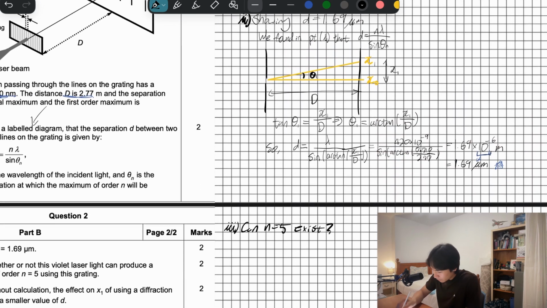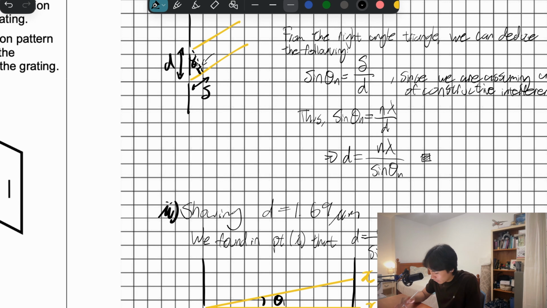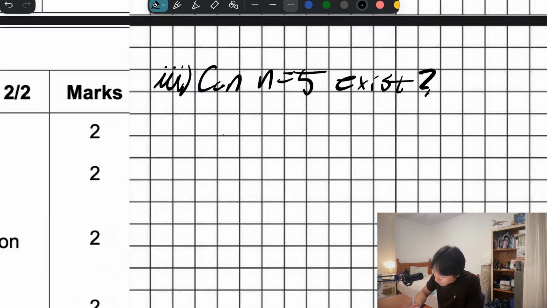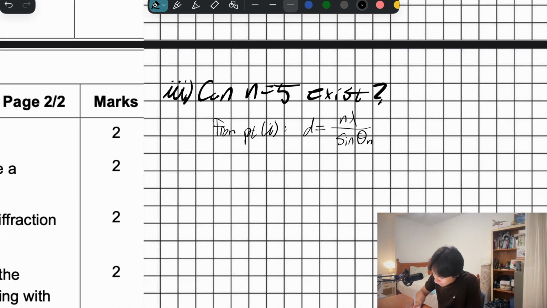We know the formula here. I'll just rewrite the formula from part 1. We proved that d is equal to n lambda over sine theta n. Let's assume that n equals 5 exists.